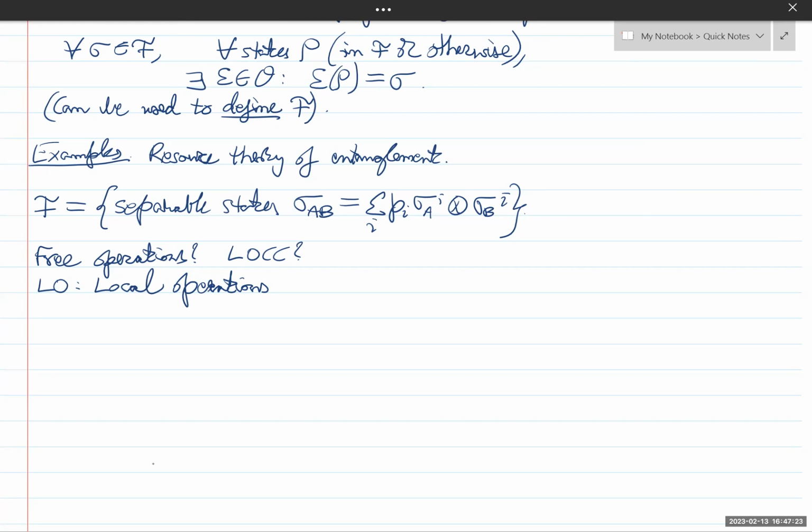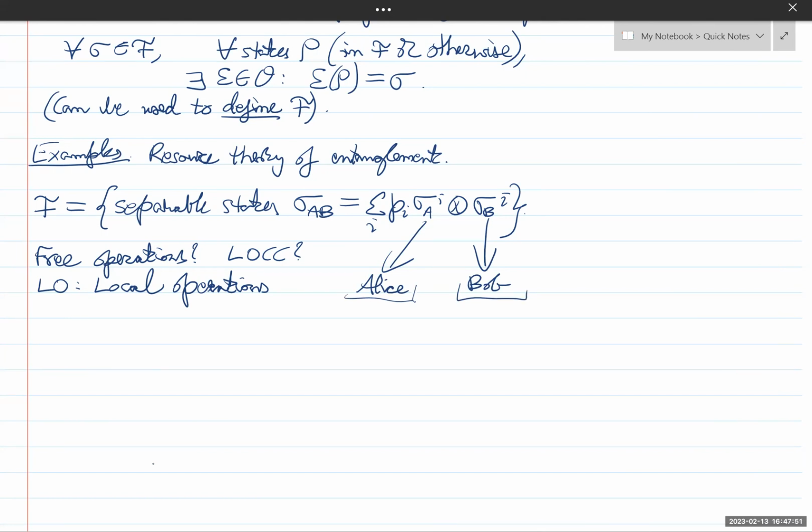Operationally speaking, there are two parties, Alice and Bob, and these partitions A and B are in possession of these two parties separately. Local operations basically means that Alice can do whatever they want in their lab, and Bob can do whatever they want in their respective lab.